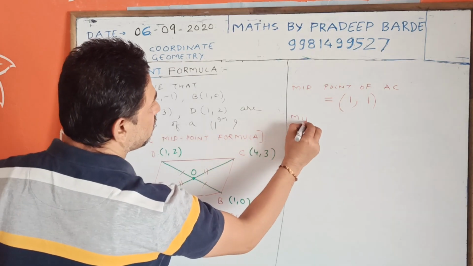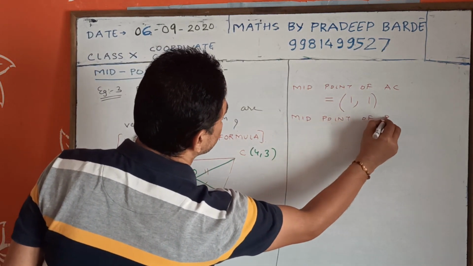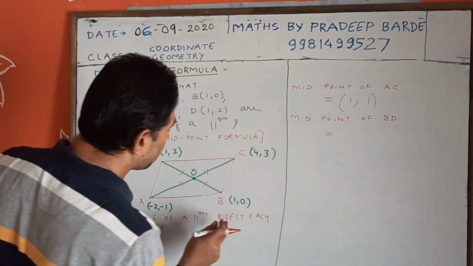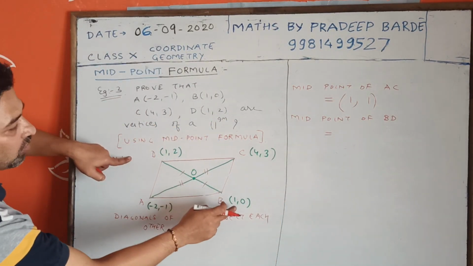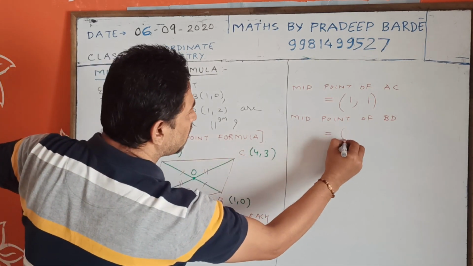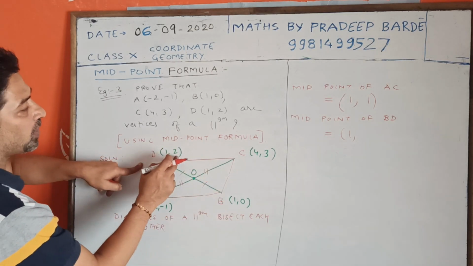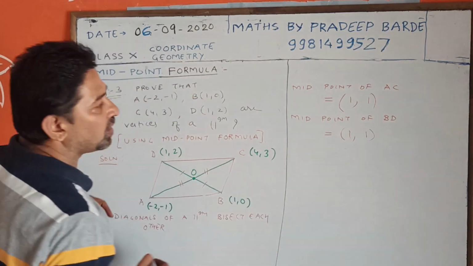Now next we'll find out the midpoint of BD using the same formula. Midpoint of BD: (1 + 1)/2, that is equal to 1, and (0 + 2)/2, again it is equal to 1.